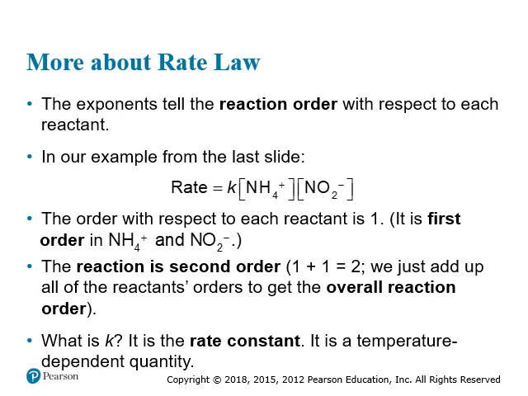Overall, the reaction would be considered second order, because we simply add up the reactant orders of all the reactants to get the overall reaction order. Again, it should be noted that the value of K is a rate constant, and that is a temperature-dependent quantity.